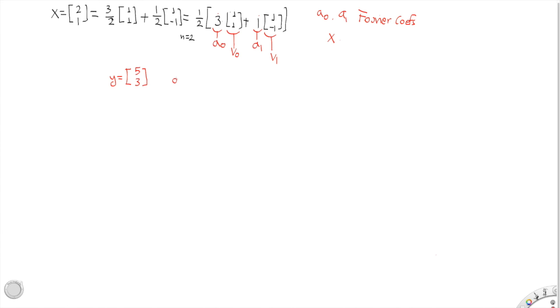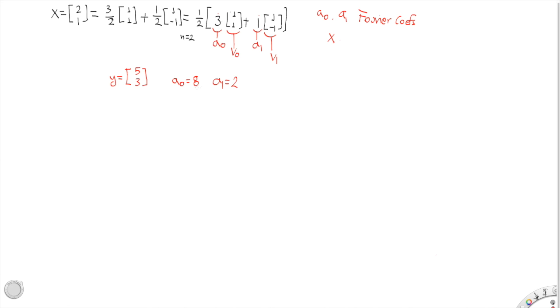So the first Fourier coefficient is the dot product of (5, 3) with (1, 1). When you're taking this dot product, you're basically adding the elements of the vector. So you get 5 plus 3, which is equal to 8. And that's the first Fourier coefficient. The second one is the dot product of (5, 3) with the vector (1, -1), and that's simply 5 times 1 minus 3 times 1. So it's the difference between the two coordinates, so it's going to be 2.